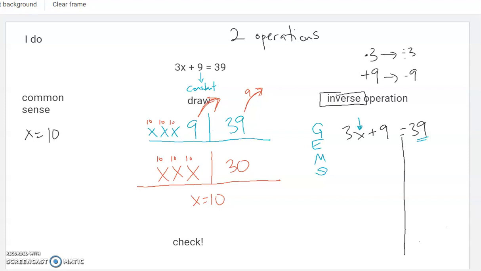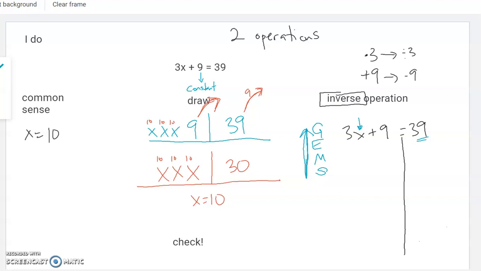So we go in the opposite order. It's the inverse operation, and we go in the inverse order because we're kind of going backwards and trying to find one of the numbers in the problem. So instead of going in Jim's order, we go in reverse Jim's order.